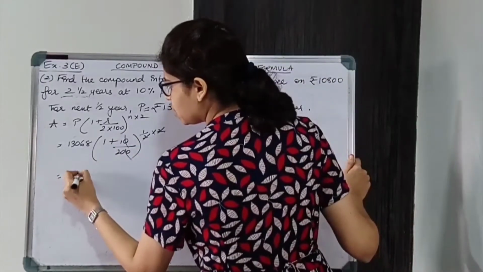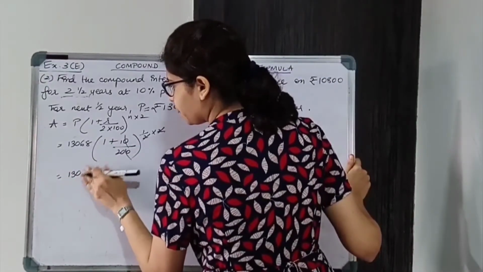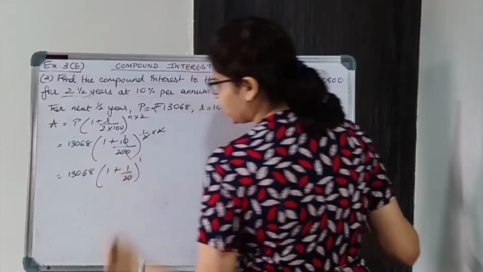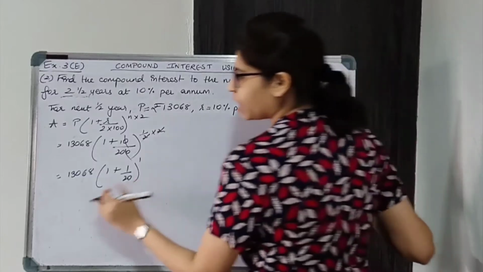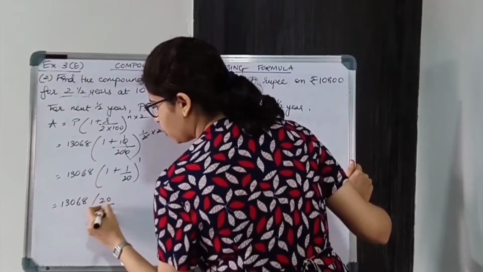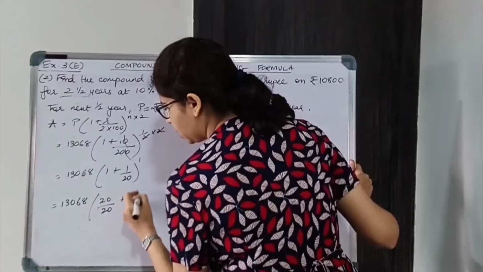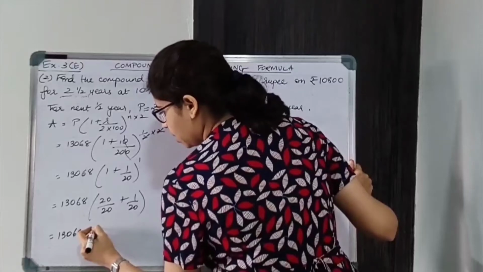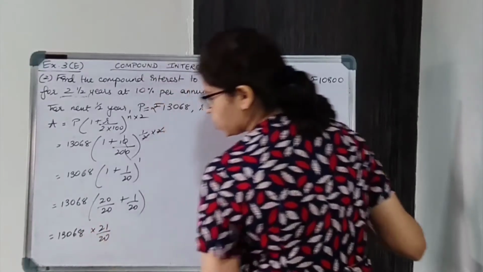So we get 13068 into 1 plus 1 upon 20 raised to 1. Now we will solve the bracket first. So taking LCM, we will get 20 upon 20 plus 1 upon 20. So 13068 into 21 upon 20.